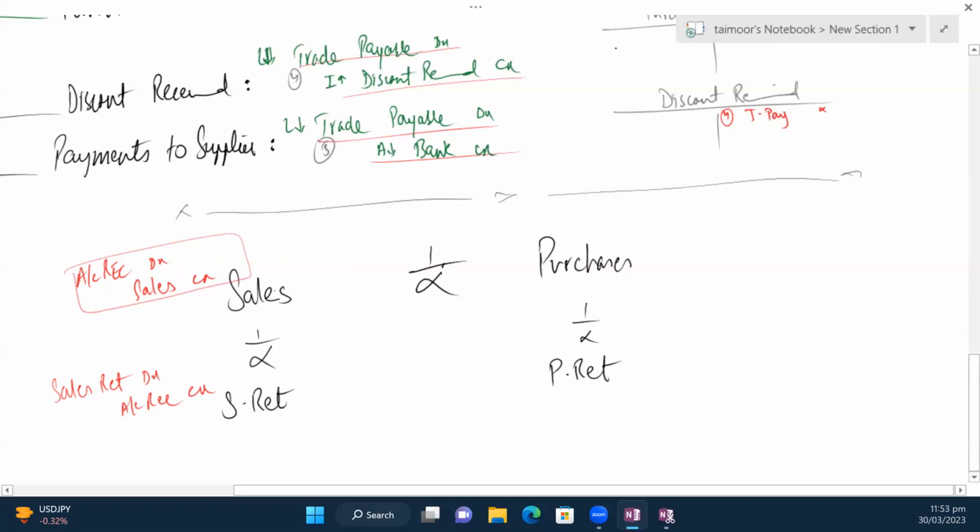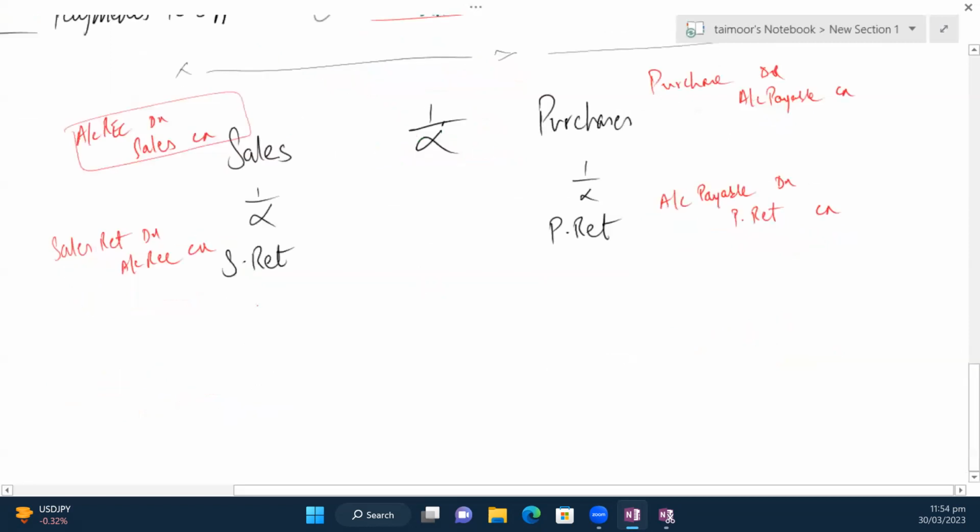Instead of sales coming on the credit side, it's going to be purchase debit and account payable credit. और परचेज रिटर्न की एंट्री जो कि इसका ऑपोजिट है, it's going to be account payable debit and purchase return credit.